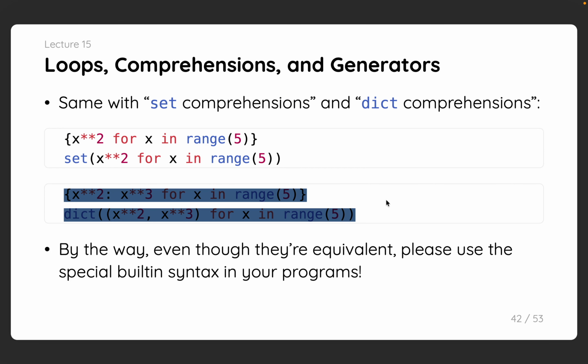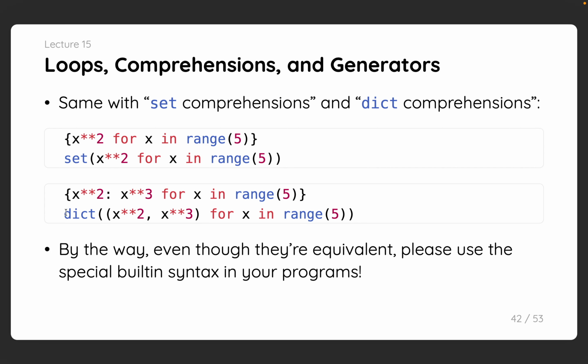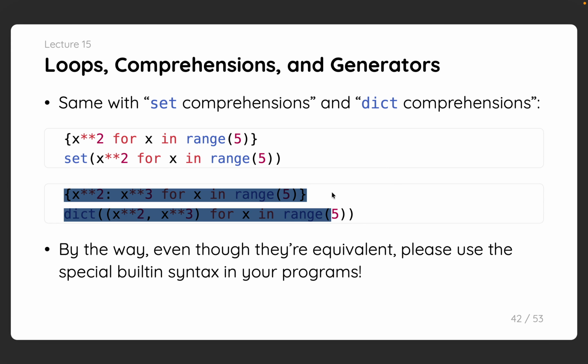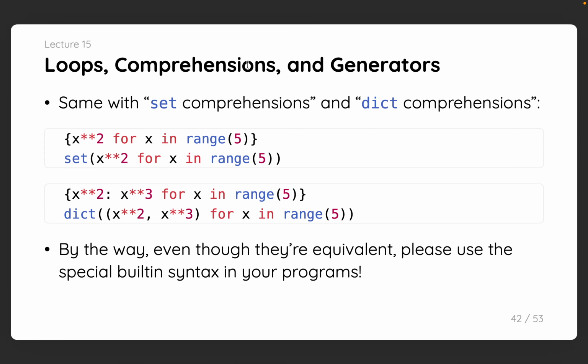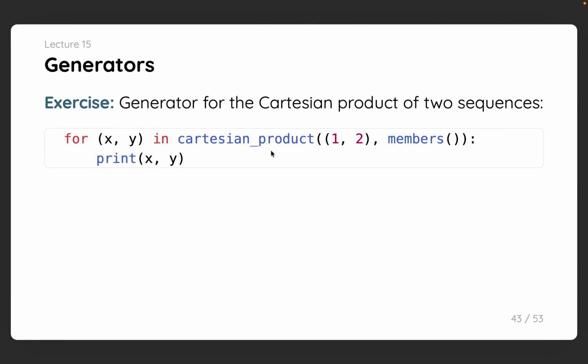Okay, set comprehensions and dictionary comprehensions. Even though these things are equivalent to these, we still recommend that you use these instead, since they're special built-in syntax. That's what this syntax is made for. Okay, so that's for generators and comprehensions.